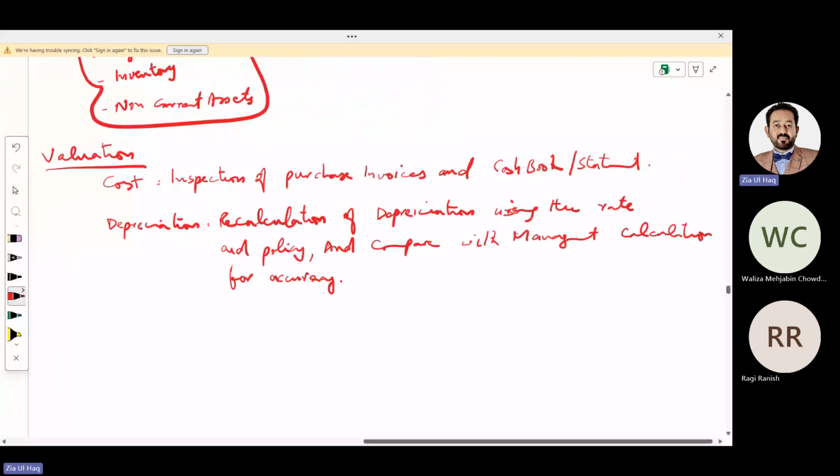For other procedures for depreciation, we can consult an independent expert regarding the useful life of the asset. Compare depreciation rate and policy with the comparator financial statements. Compare depreciation rate and policy with the prior year financial statements.